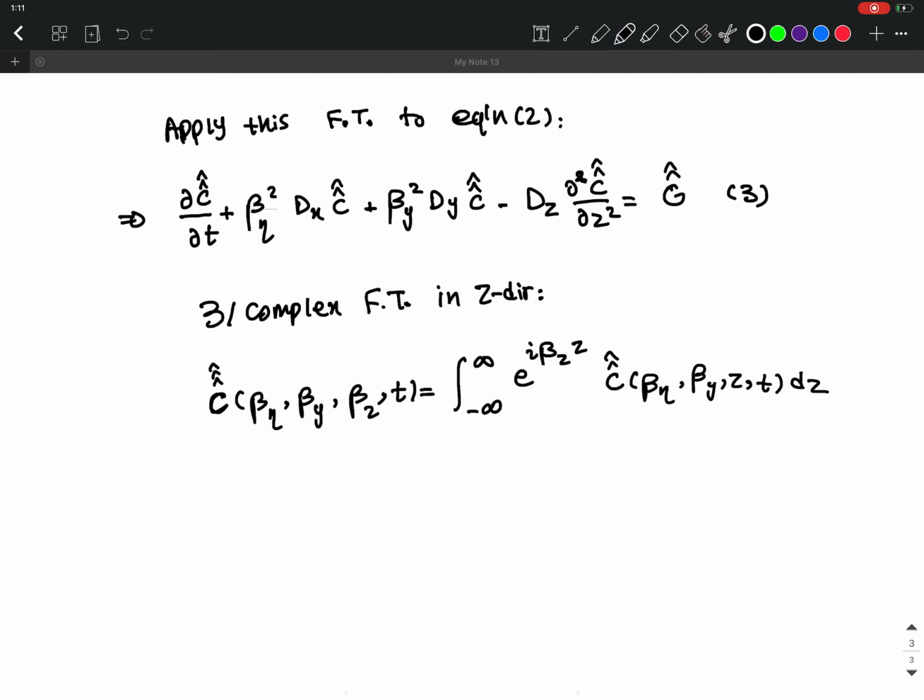And then we are going to apply this to equation 3.